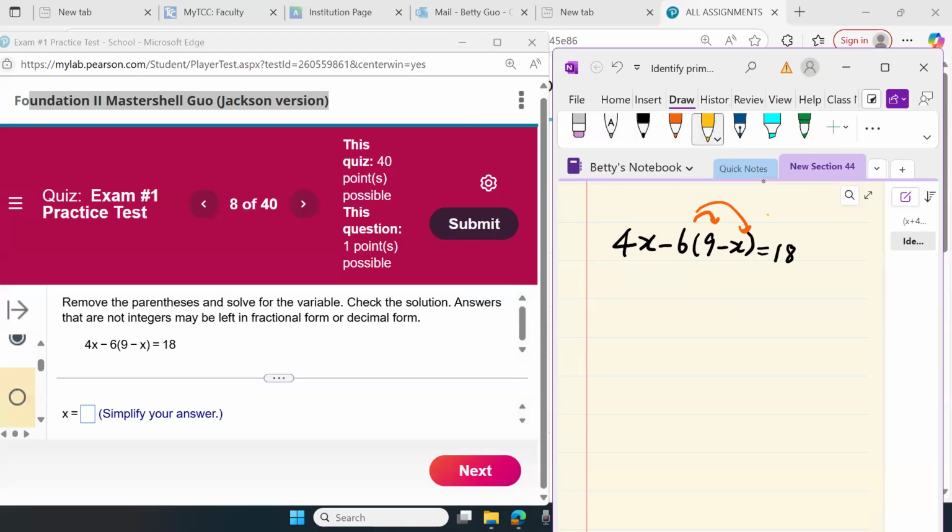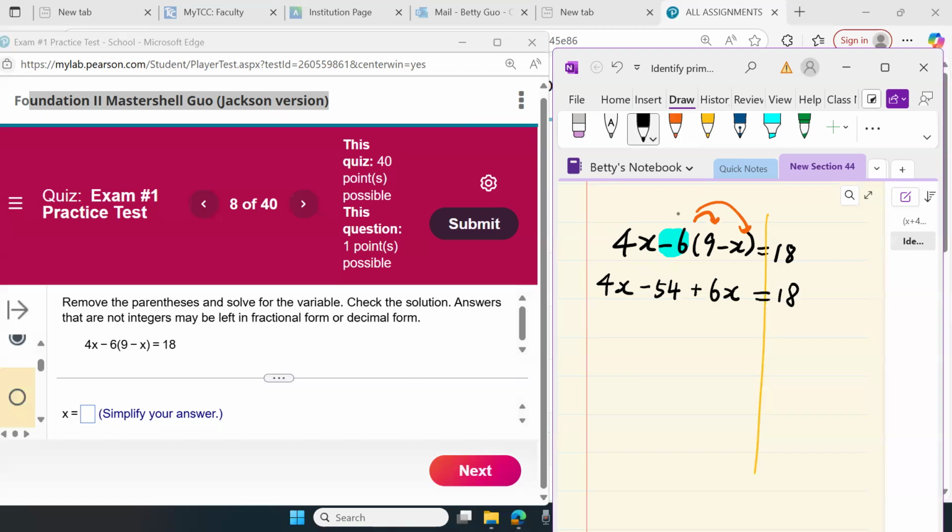This equation has parentheses on the left side. We have to apply the distributive property to simplify the left side. The coefficient is -6. -6 times 9, -54. -6 times -x, positive 6x. Be careful with the sign, okay?